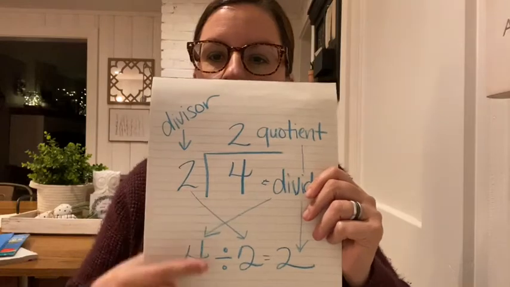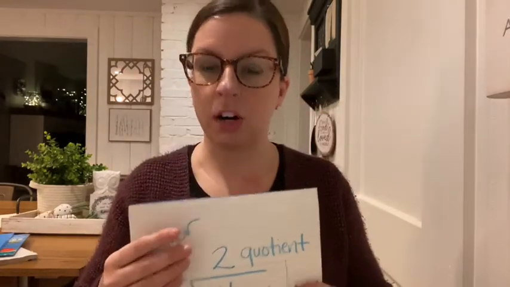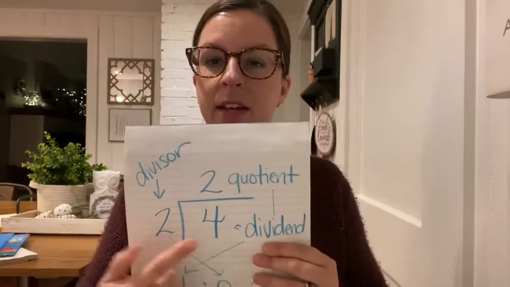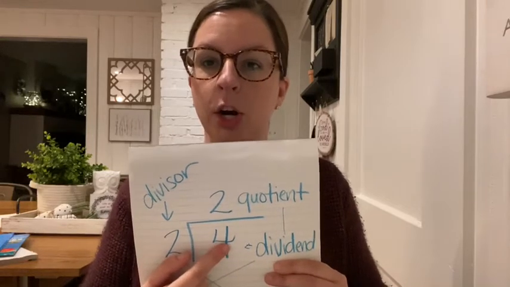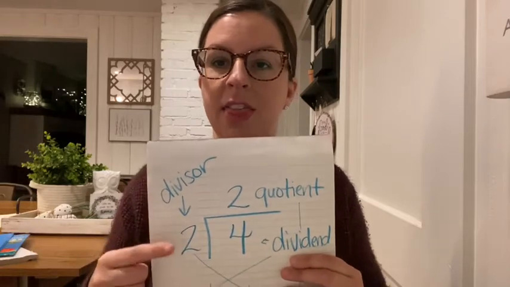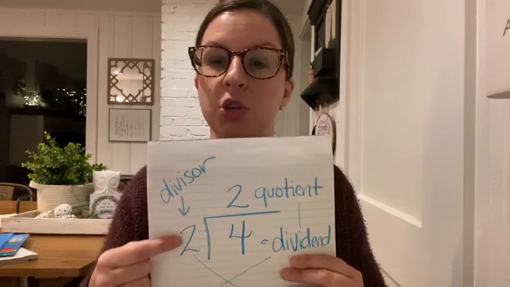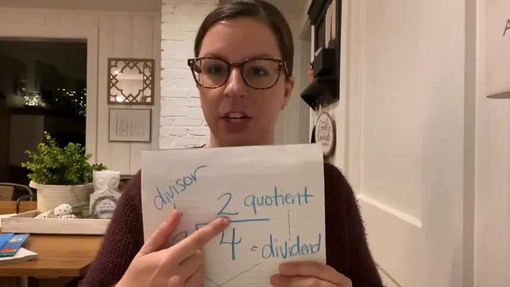All right, so there are a few ways to write a division problem. Here are two of the ways. Okay, and let's go over the parts of a division problem. We have the dividend. The dividend is the number that is being divided. The divisor is the number that is doing the dividing, and then the quotient, which is the answer.